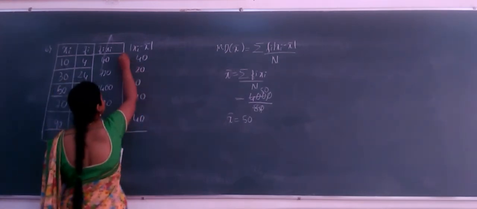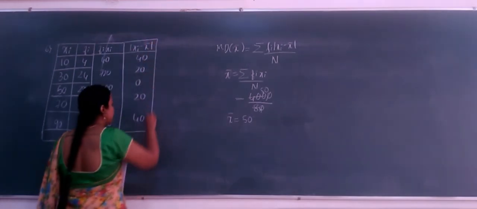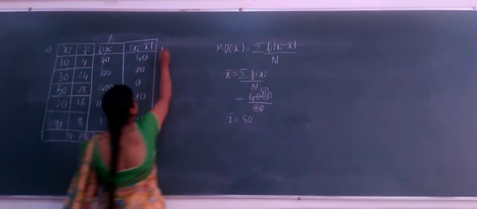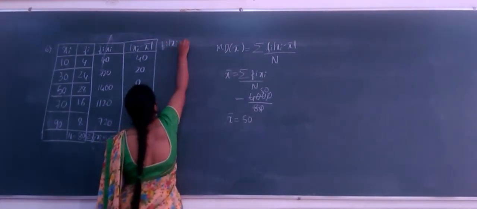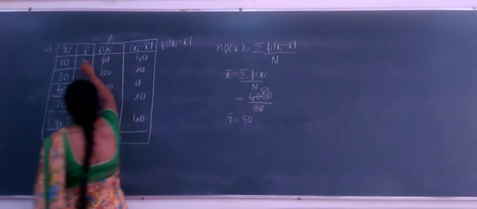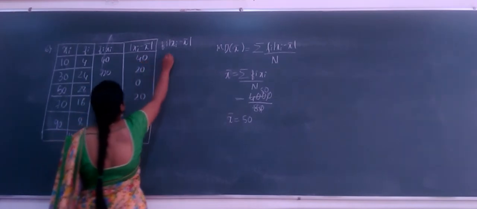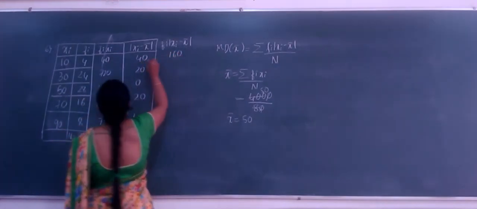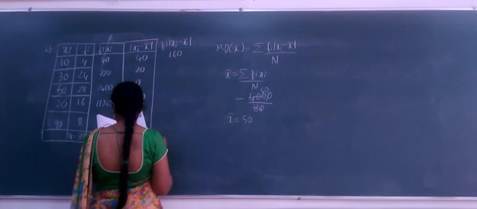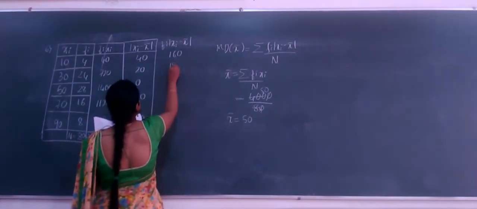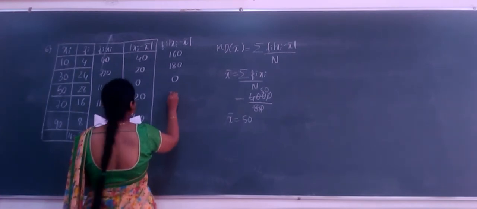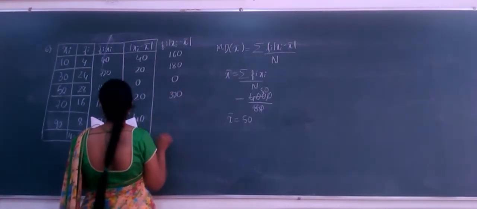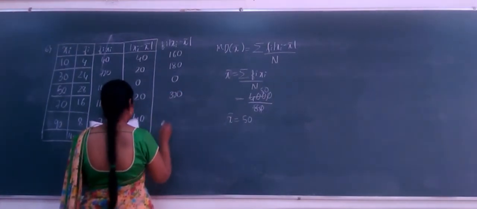After this, our next column will be fi into modulus of xi minus x bar, that is, this into this. So it will be 160, 24 into 20, it is 480, then 0, next 320 and 320 again.